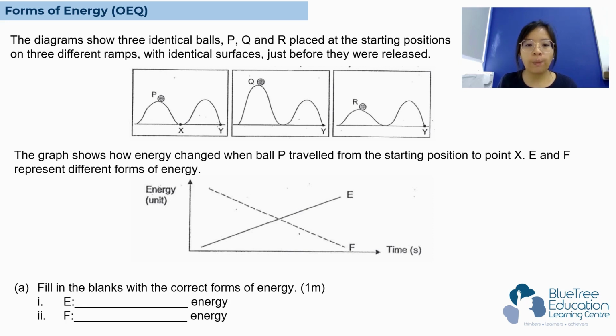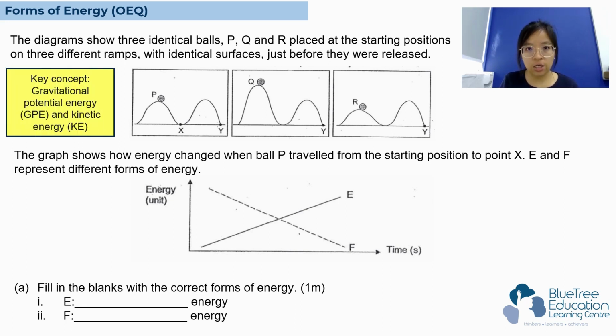So we see the ball at the top of a ramp, or we can call it a hill as well, and it drops down and comes up again. So this reminds us that the concept tested here is gravitational potential energy as well as kinetic energy. Okay, now let's highlight some keywords in the question.